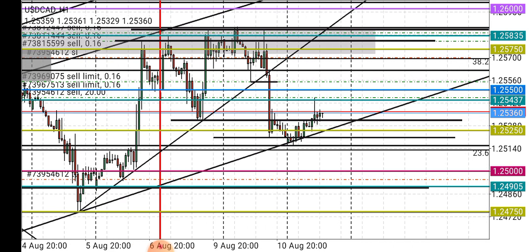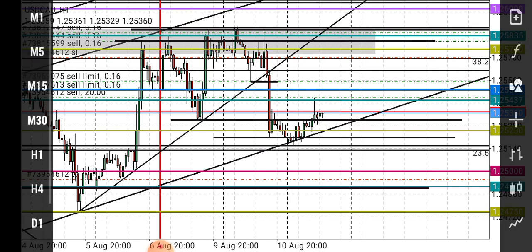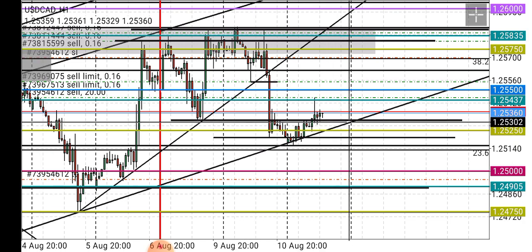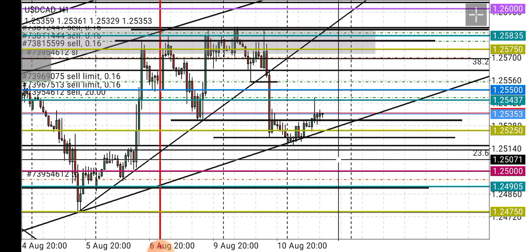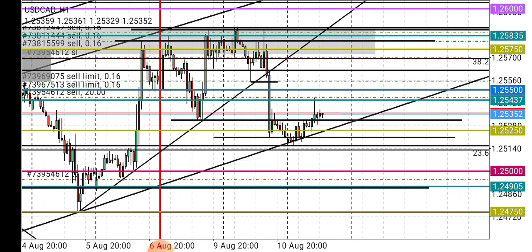So a 25 pip stop loss, a 50 pip take profit. So this is just a 1 to 2 position, 1 to 2 RR. As you can see, stop loss, take profit parameter, everything is placed there. So I already know if this goes against me, okay, I'm wrong and I'm ready to accept.